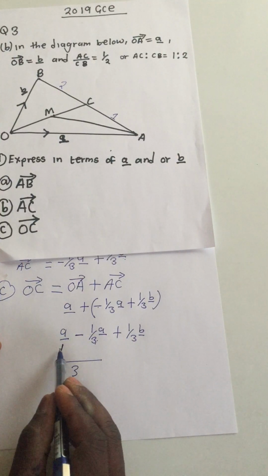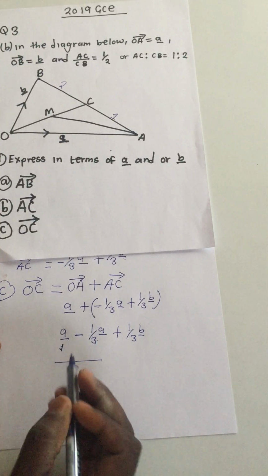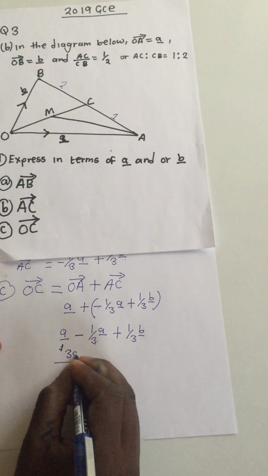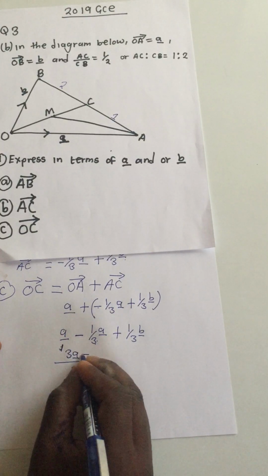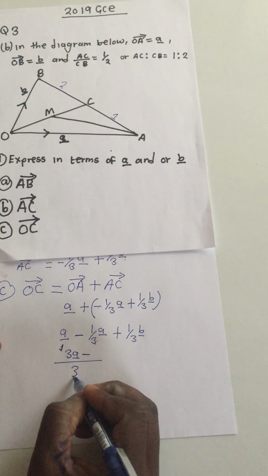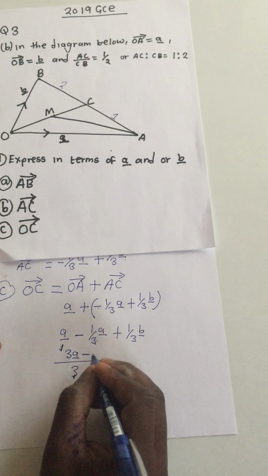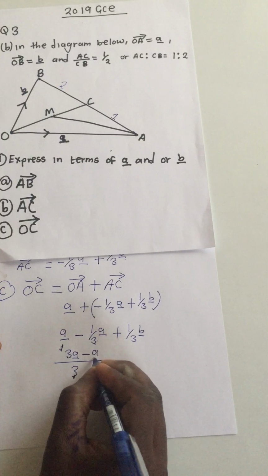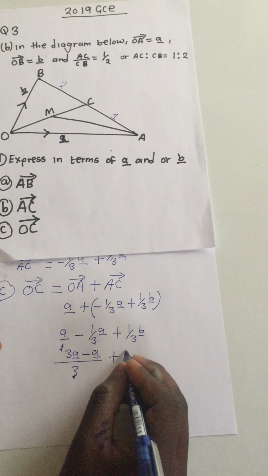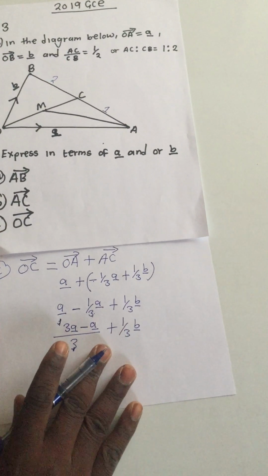How many times can 1 go into 3? It goes 3 times. 3 times A, it will be 3A vector. Minus, how many times can 3 go into 3? It's 1. You have seen? 1 times A vector, it's A vector, plus 1 over 3 B vector.